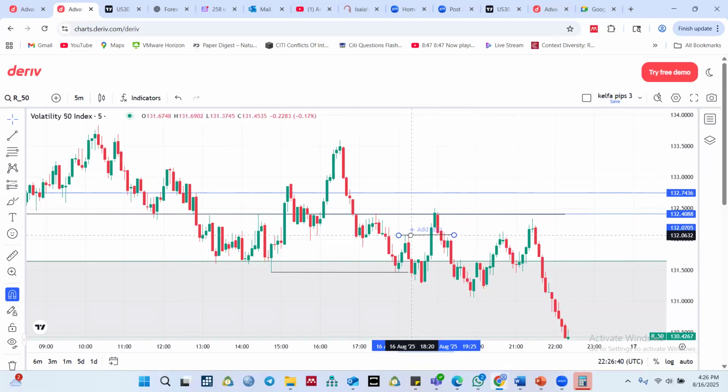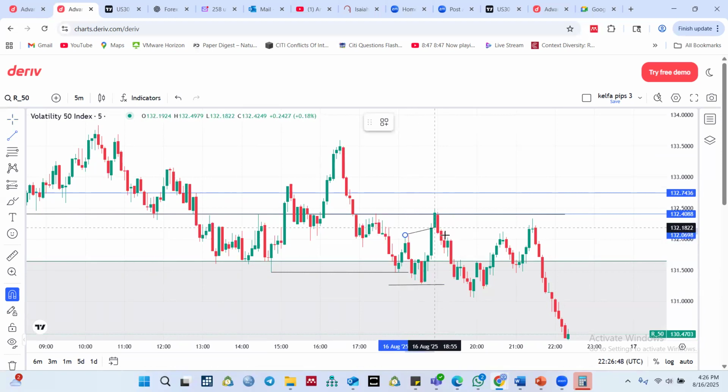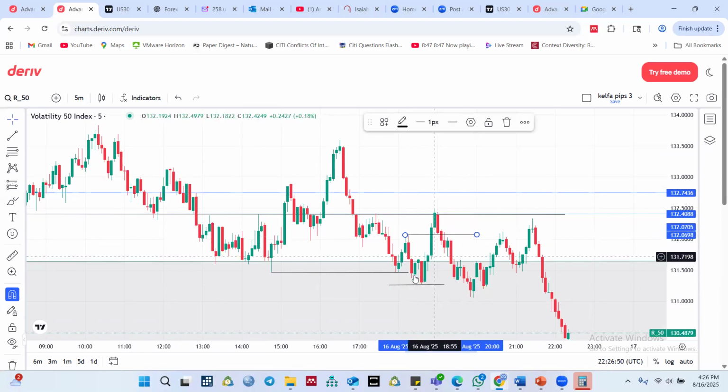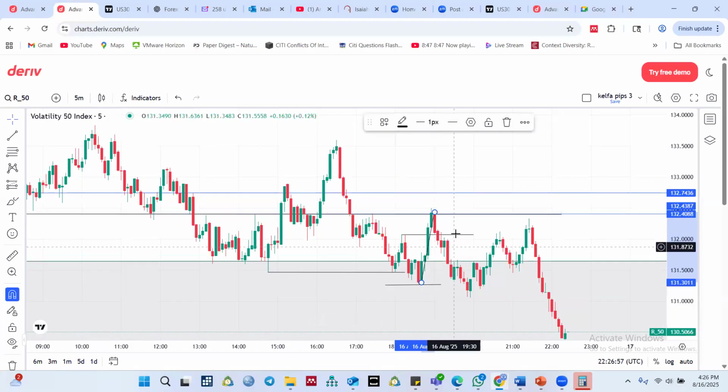So we had a high here that took this low into this area. And then price moves impulsively to break shift structure.